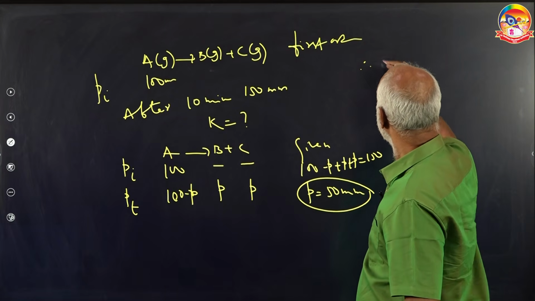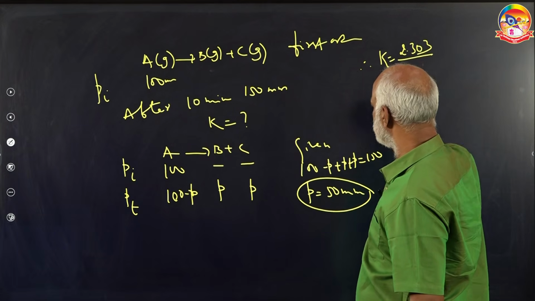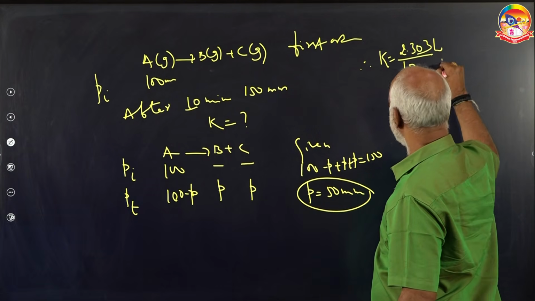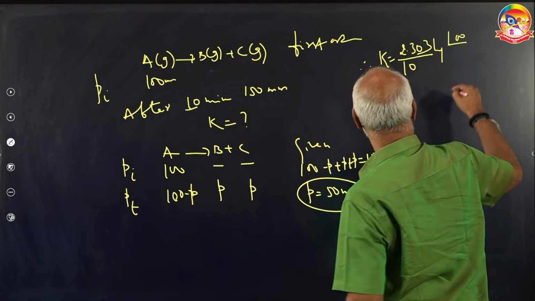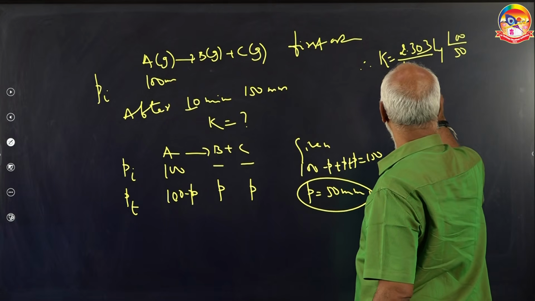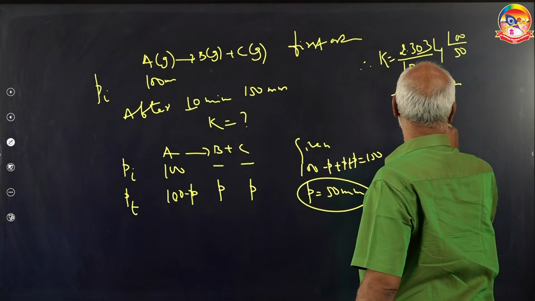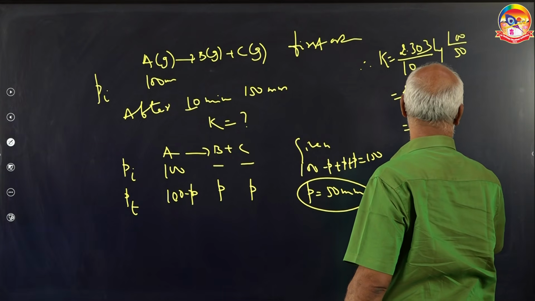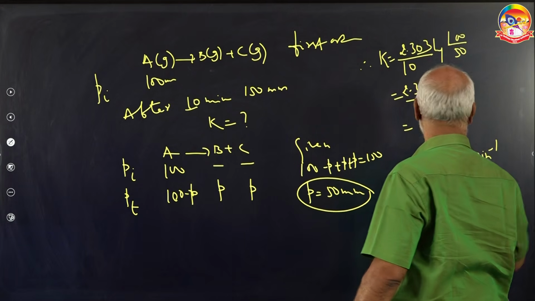Therefore, K is equal to 2.303 by how many minutes? 10 minutes, logarithm initial 100, after time something is 50. Therefore, 2.303 by 10 log 2, 0.693 by 10, which is 0.0693 minute inverse.